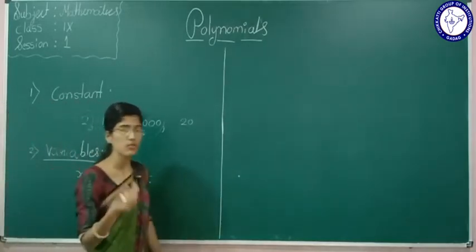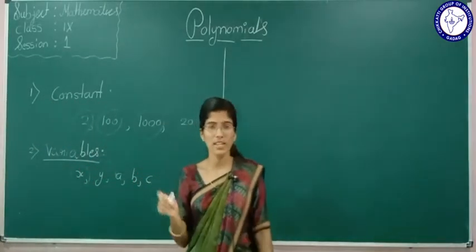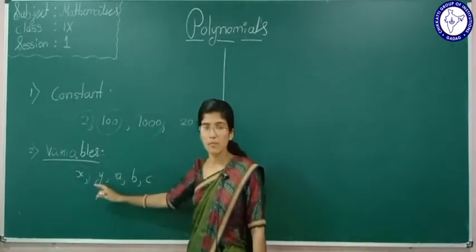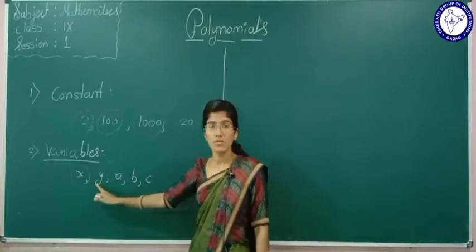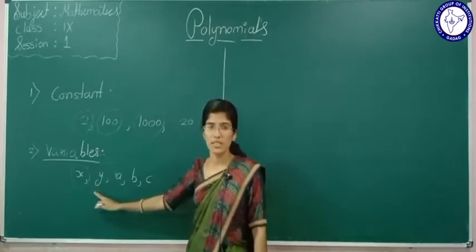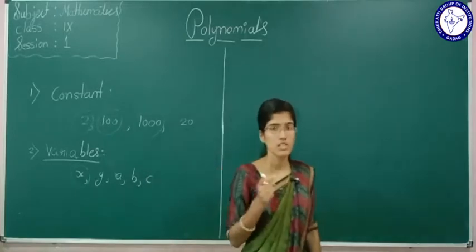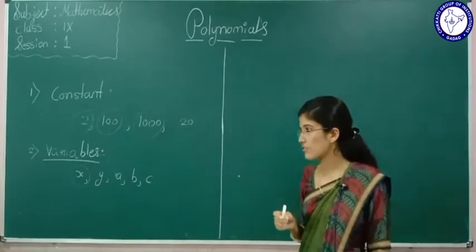This symbol used to represent an unspecified number is nothing but a variable. Variables are represented by the small letters of the English alphabet.